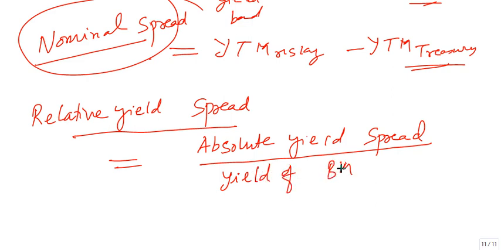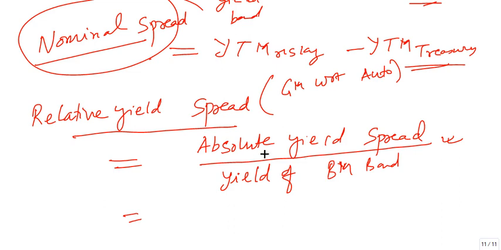So whatever the yield of your benchmark bond is, it is absolute yield spread divided by the yield of the benchmark bond. Suppose we are computing the relative yield spread of General Motors with respect to the automobile sector.